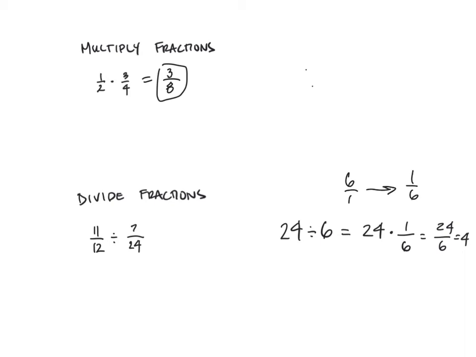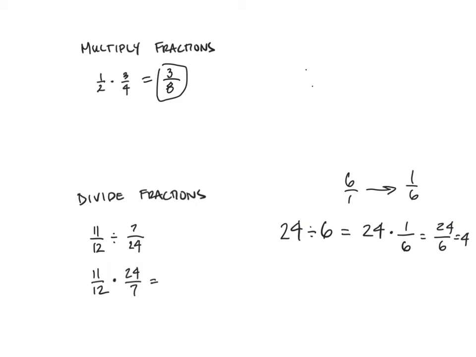So with our problem here, if I match what's going on with the 24 divided by 6, I will keep the 11/12 where it is. I will change the division to multiplication, and I will write the 7/24 as its reciprocal.